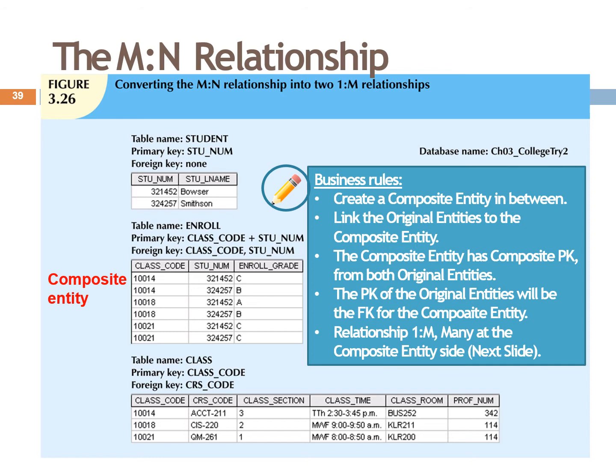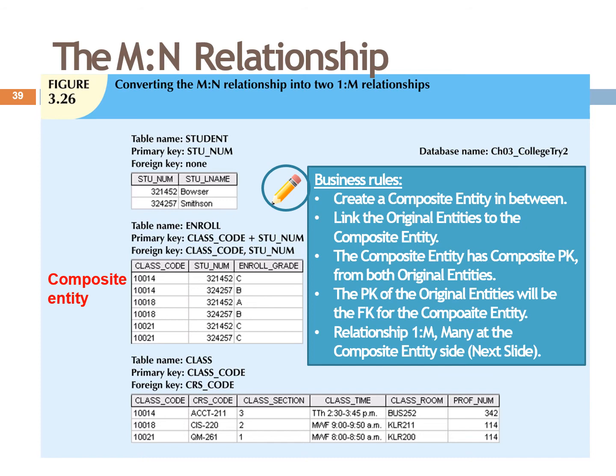Class code is the primary key from the class table, and also in enroll it has the student number, whereby student number is actually the primary key for the student table. So how do you write it in a diagram like this? So you see the name of the table, the primary key is class code plus student number.